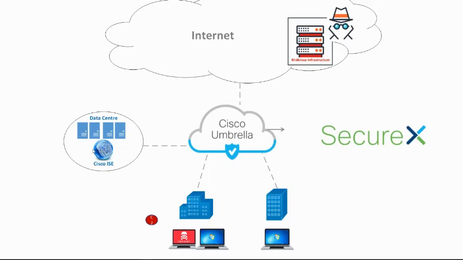Cisco ISE is our network access control solution, which basically controls who can access what inside your network based on the user or device context. Further, Cisco Umbrella is a cloud native web security platform that uses multiple layers to make sure you are accessing clean content or websites over the internet.